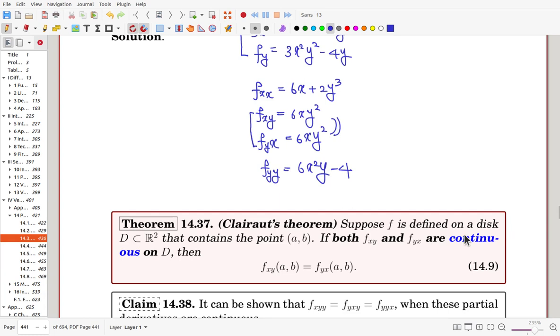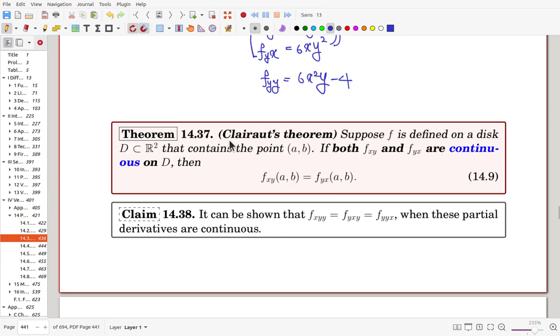f is defined on a disk that contains the point (a, b). If f sub xy and f sub yx are continuous on the domain, then at the point (a, b), f sub xy and f sub yx have the same value. These two functions will have the same value once they are continuous.